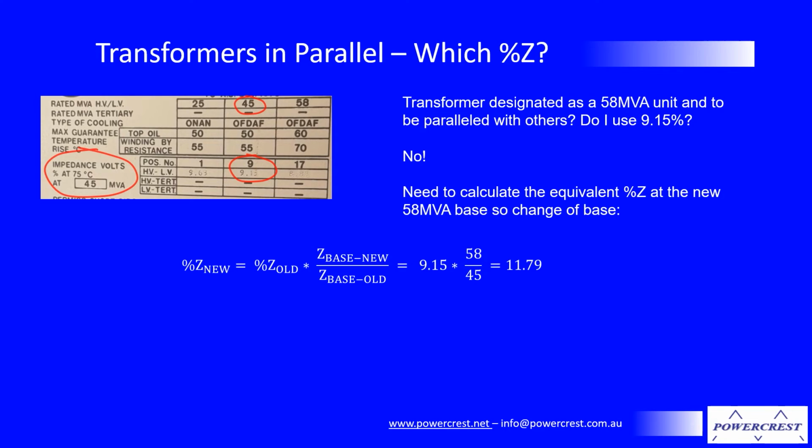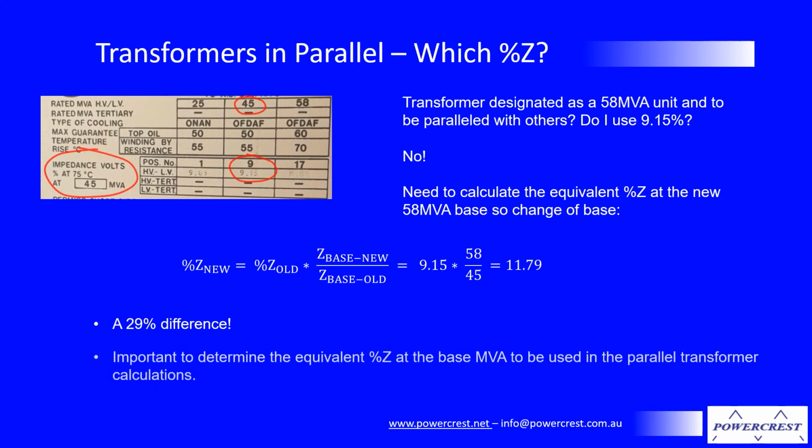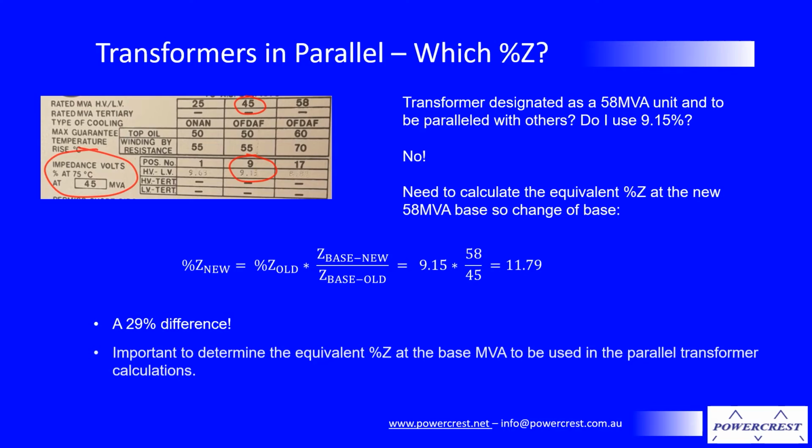And the formula is percentage impedance new is the percentage impedance old times the change of base, and I get 11.79%, which, as you can see, is a 29% difference in the impedance value. So it is important to determine the equivalent percentage impedance at the base MVA to be used in the parallel transformer calculations. Okay, back to our discussion.